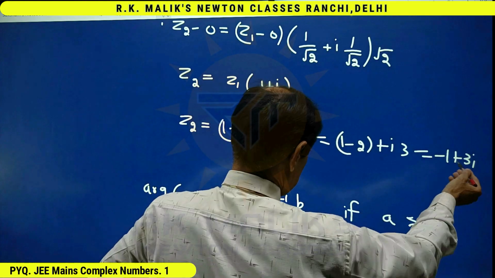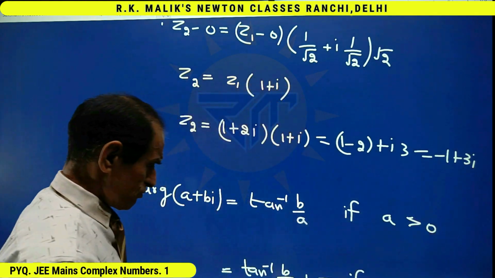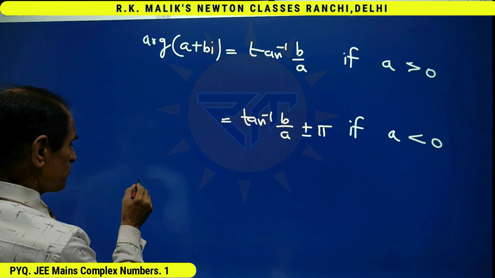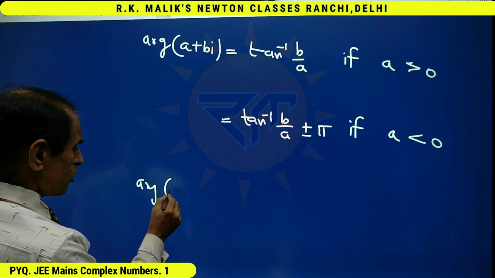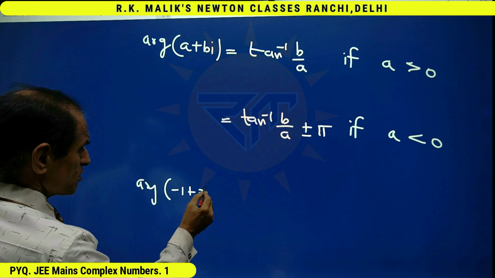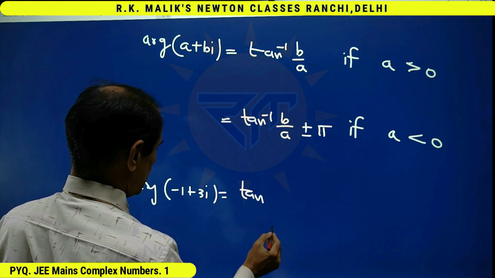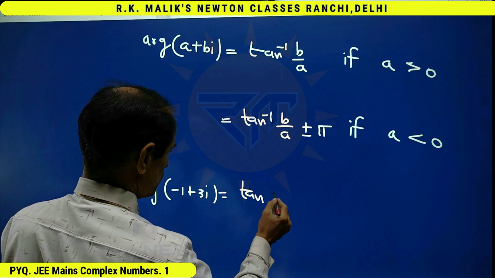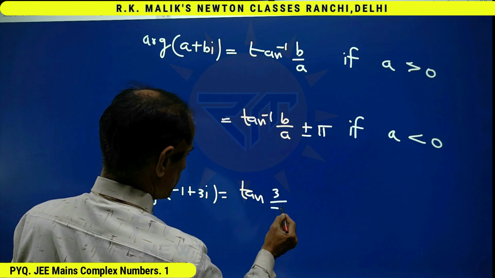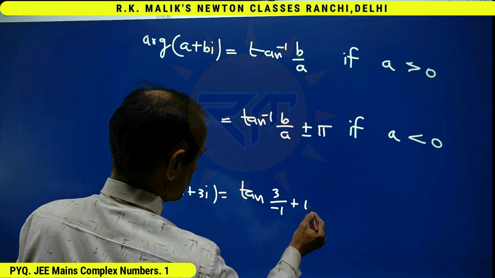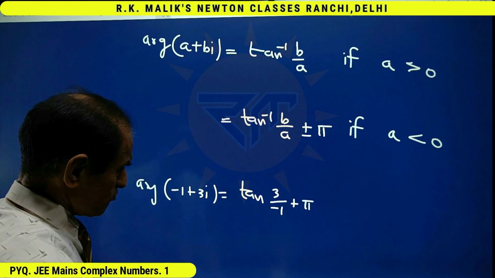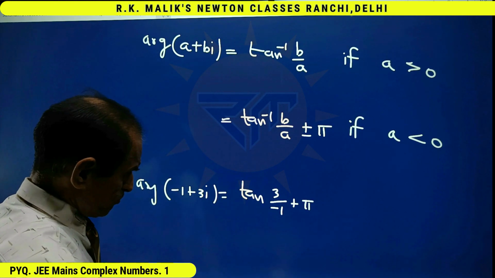Here it is clear that a is negative, b is positive. Hence, keeping that formula in mind, argument of minus 1 plus 3i becomes tan inverse 3 upon minus 1 plus pi, because b is positive here.